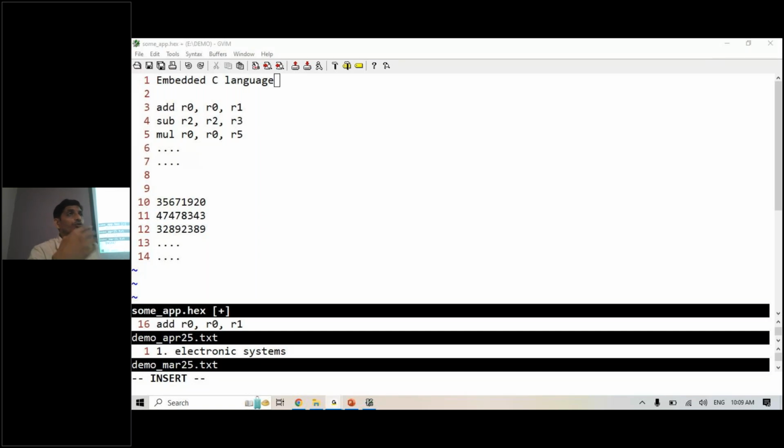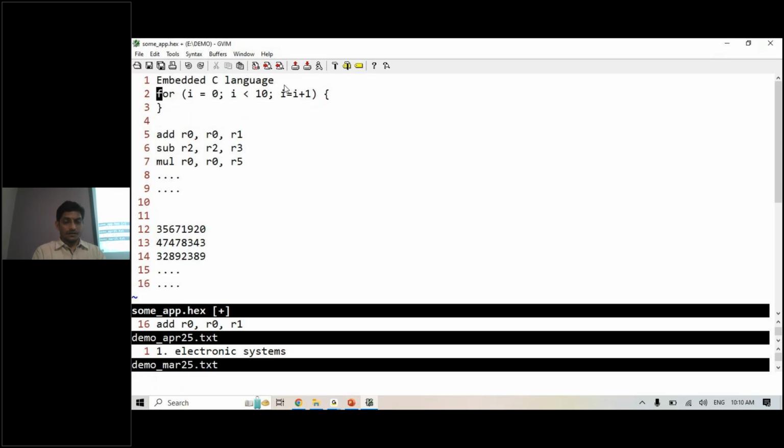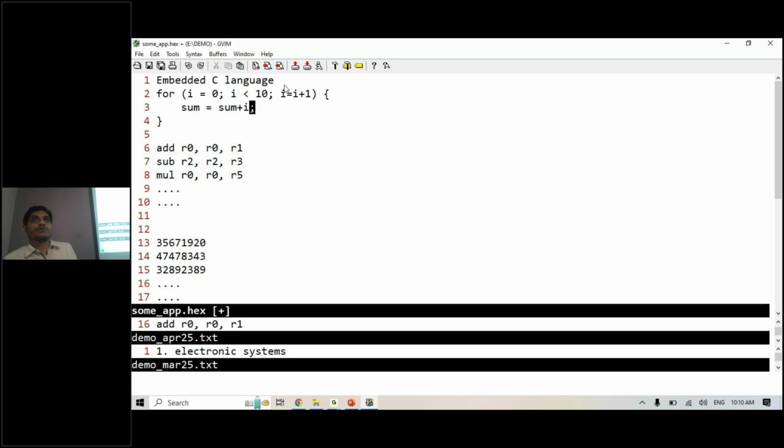When you use that compiler, let's say I wrote this code: for I equal to 0, I less than 10, I equal to I plus 1, sum equal to sum plus I. What do you think I am doing here?